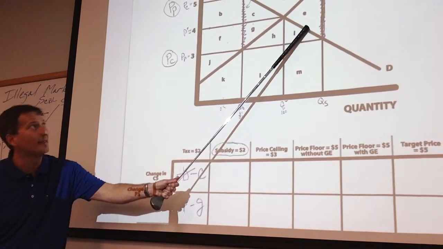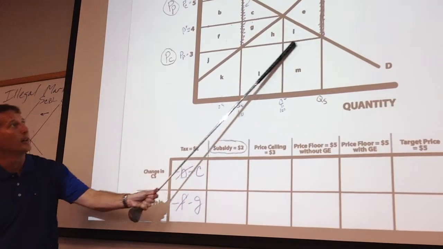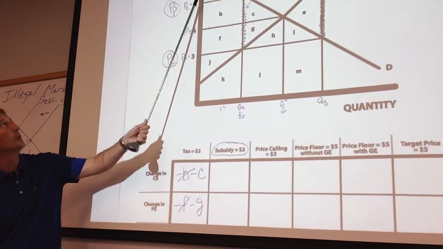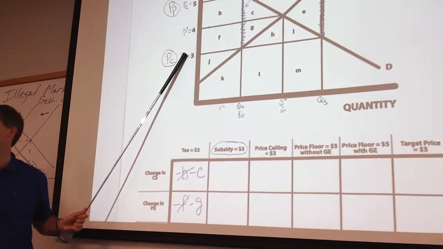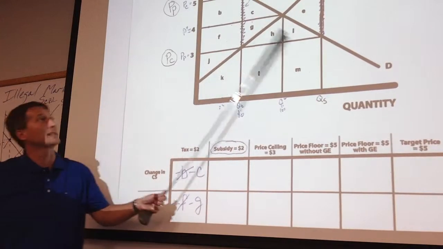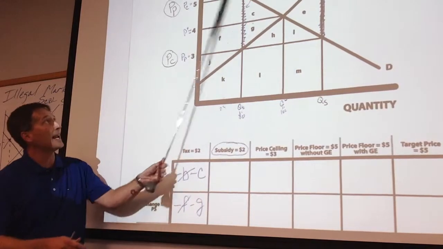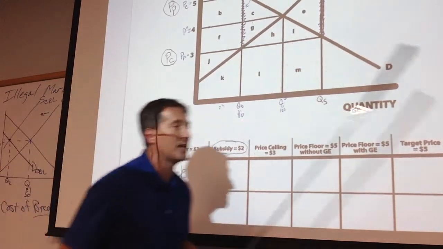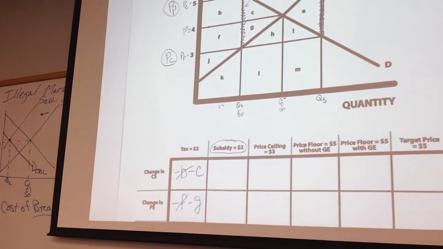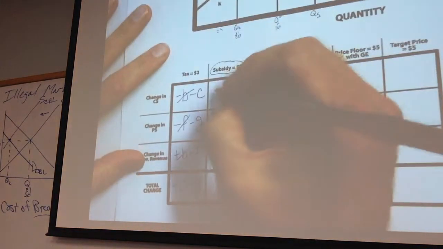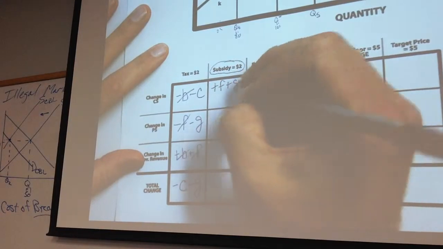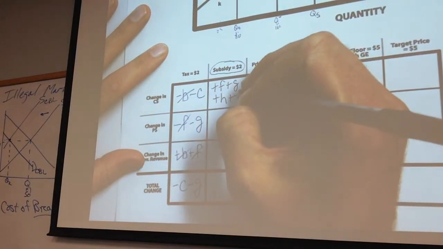No. There's your new consumer surplus. Plus F, plus G, plus H, plus I. You got it, right? So we had ABC, but now I picked up F, G, H, and I. So down in our little matrix here, we're going to put plus F, plus G, plus H, plus I.